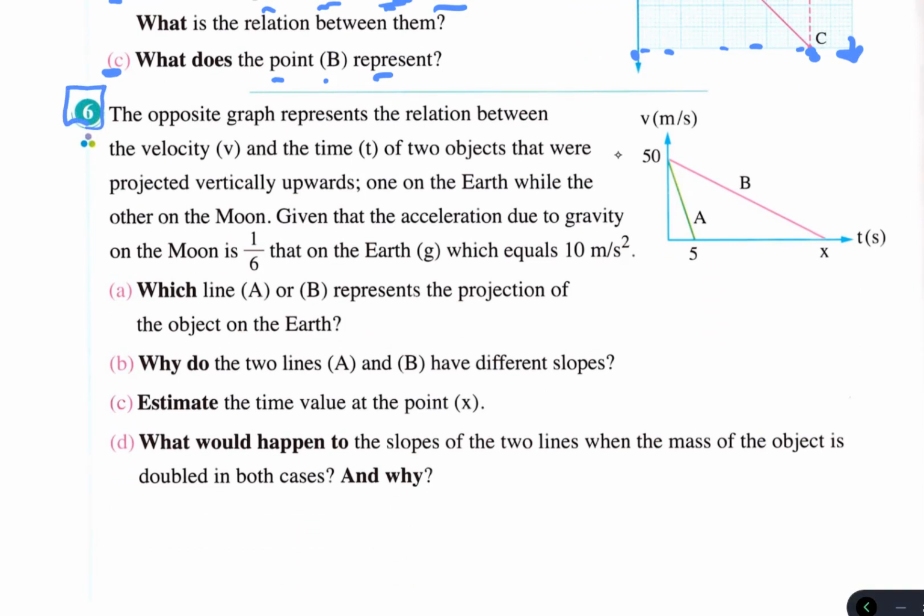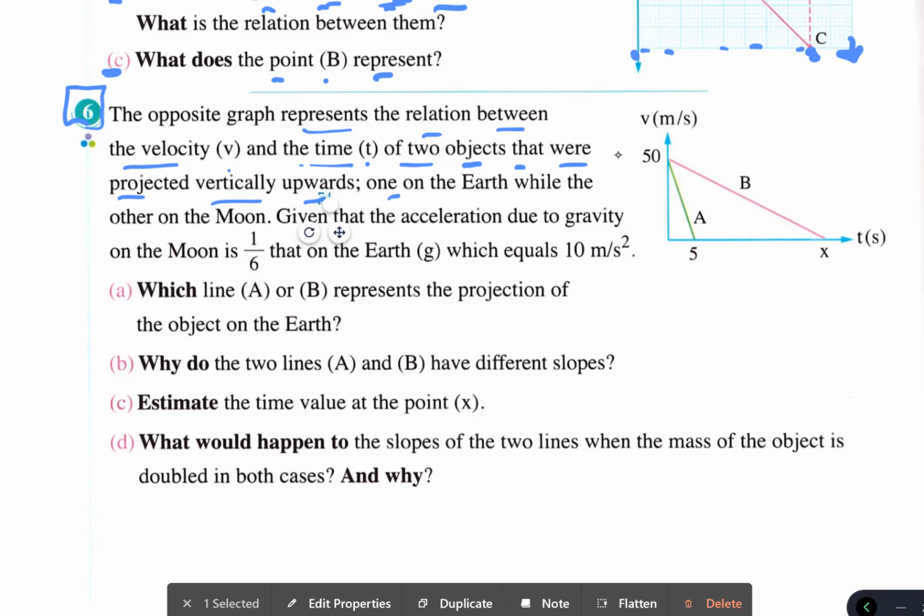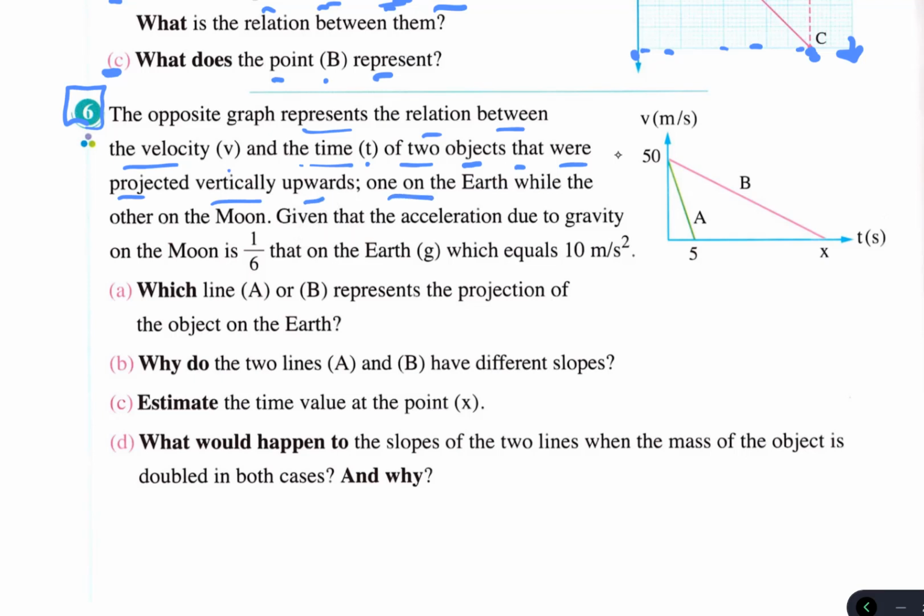Let's go to number 6. The opposite graph represents the relation between the velocity v and the time t of two objects that were projected vertically upward, one on the earth while the other on the moon, given that the acceleration due to gravity on the moon is 1/6 the acceleration on the earth, which equals 10 meters per second square. Which line, A or B, represents the projection of the object on earth?